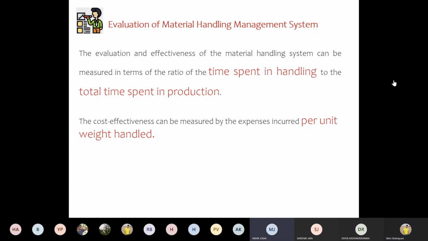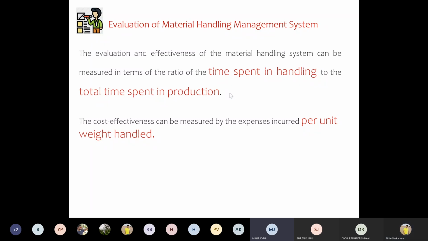Sir, I want to add something to this. May I add something? Yes, Mihir, please. As she asked, why are we considering total time spent in production in the denominator?